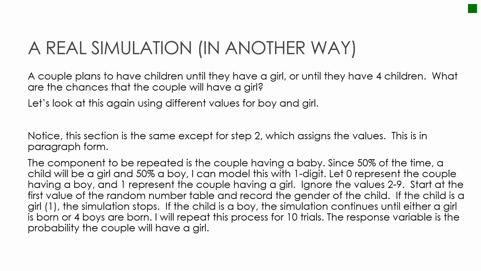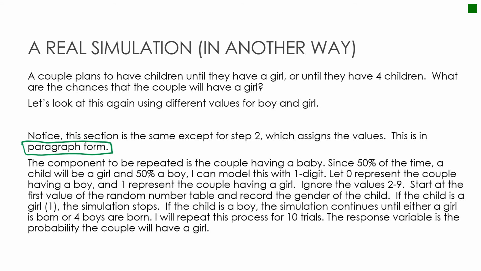Now notice I've given you the exact same question again, just as I did with M&Ms, just to illustrate to you that there's no one exact right way to set this up. So let's say, and again notice I'm writing this in paragraph form for you just so you have that extra practice to see what it would look like in paragraph form.